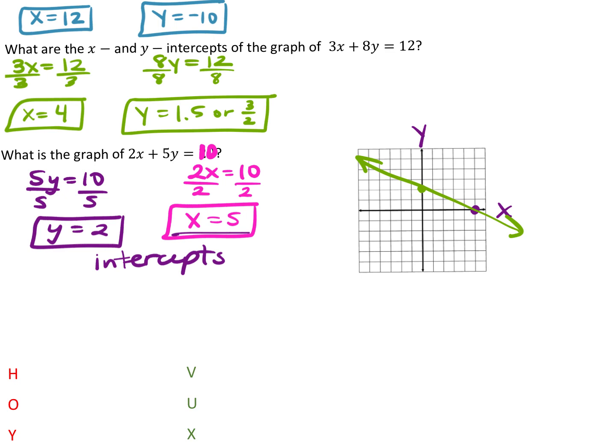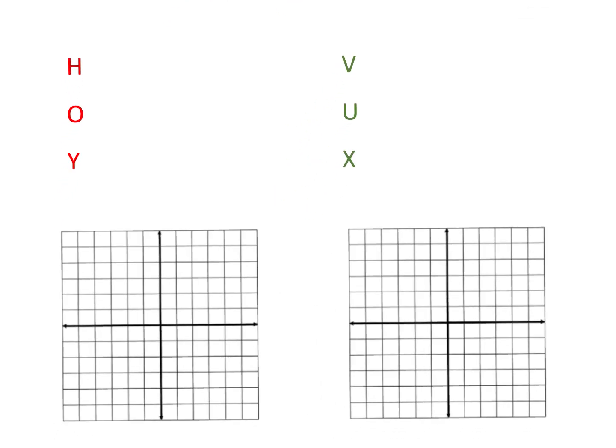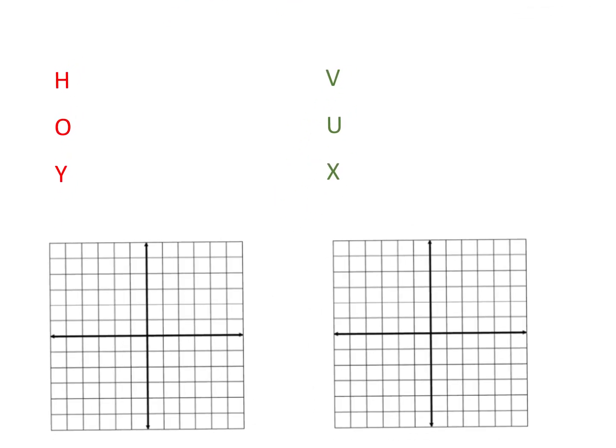Next thing we're going to talk about for this first half of the lesson is horizontal versus vertical, okay? And there is this acronym, HOY VUX. Have you heard that before? So here's how it works, okay?